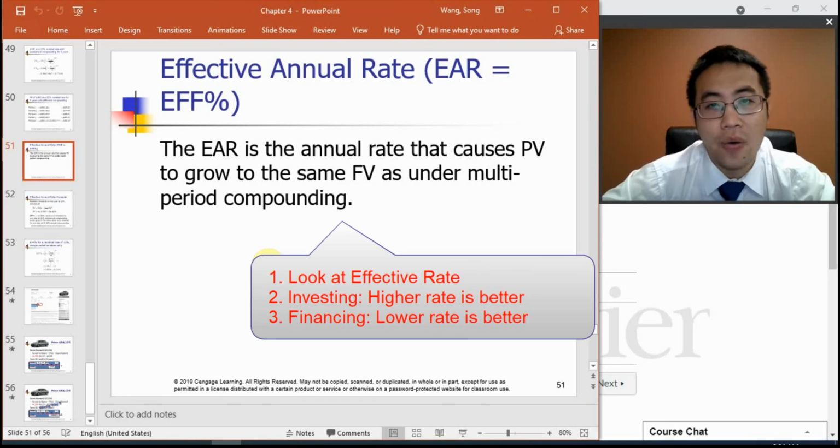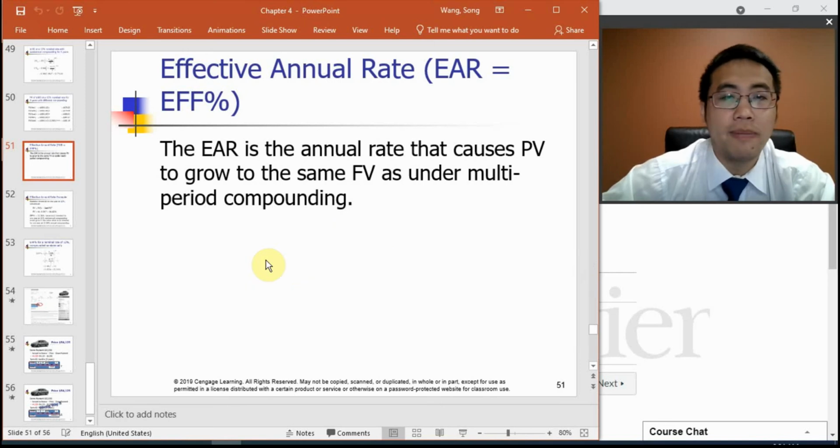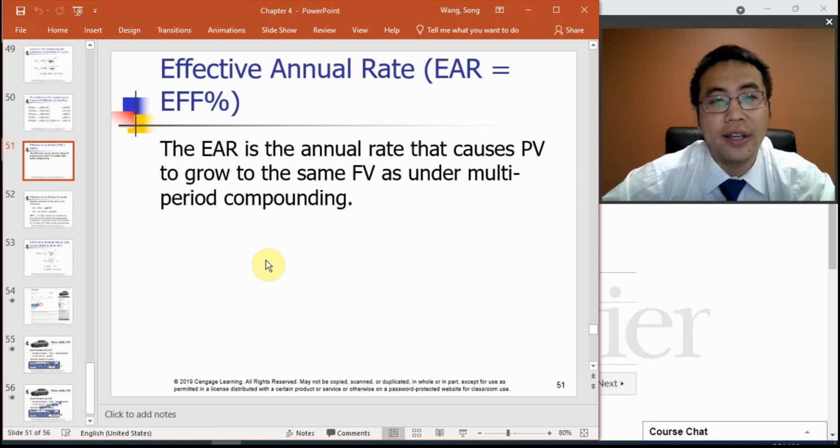And if you are a borrower, let's say you're financing your house and you borrow a mortgage, you want the effective annual rate to be as low as possible, so you could pay a lower interest rate. The bottom line is we always look at the effective rate instead of the given quoted rate.